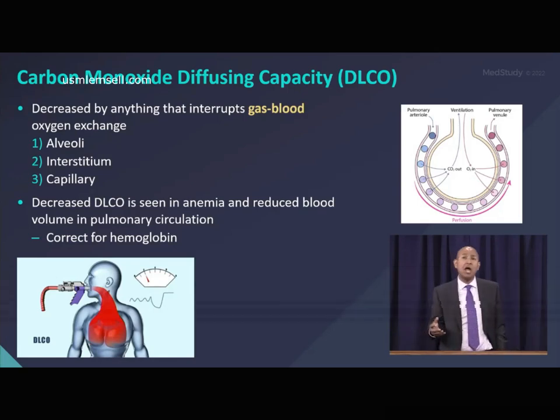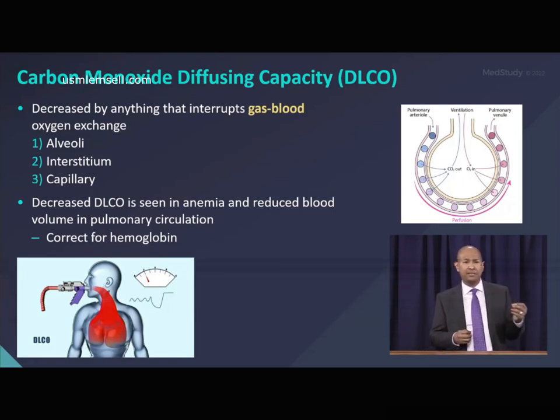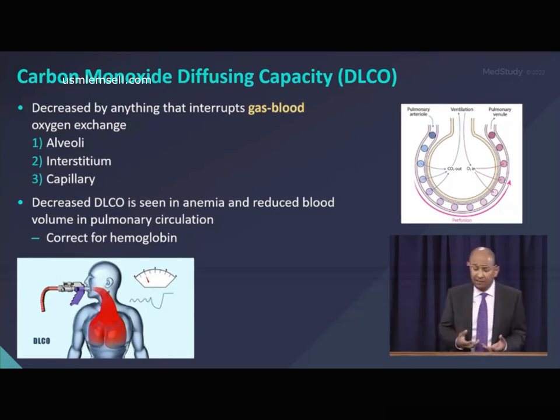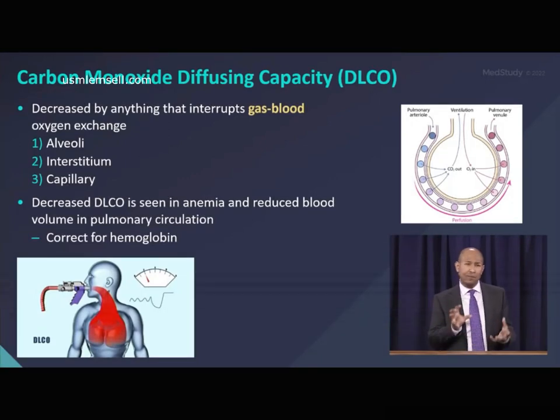And are there times where the DLCO could be high? The answer is sure. I know that some of us memorize things like polycythemia and alveolar hemorrhage. Those are all correct, but to keep it simple, anytime you increase blood volume or RBCs in the area of the pulmonary capillaries, well, it's going to be falsely elevated. Why? Because when you give carbon monoxide, who really picks up the carbon monoxide in the capillaries?